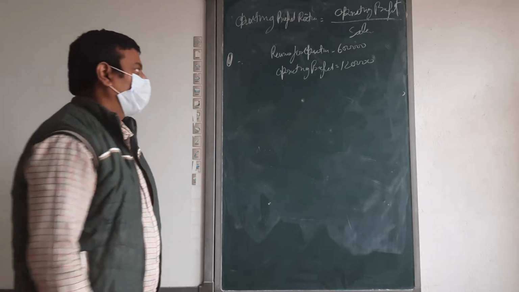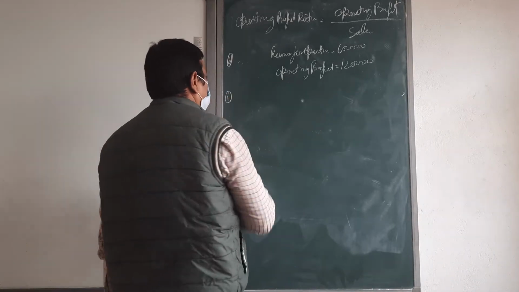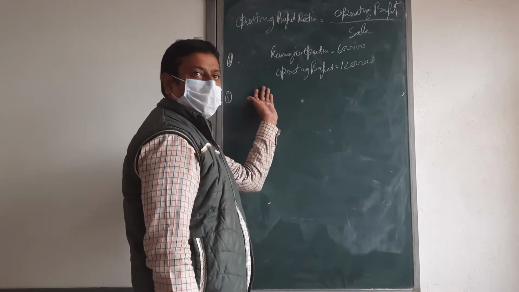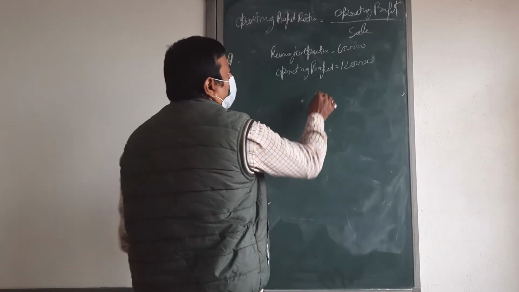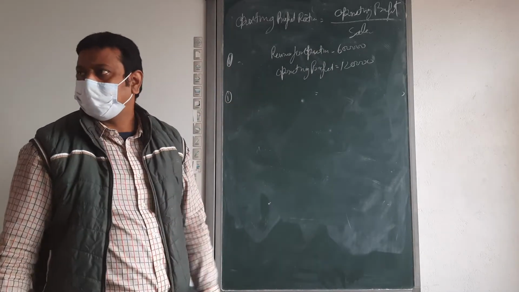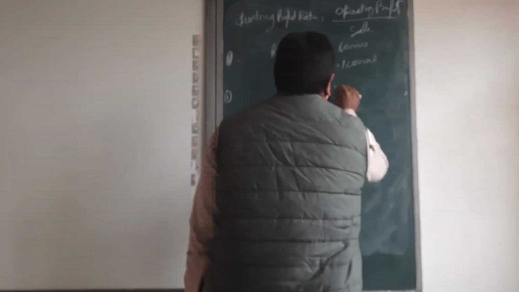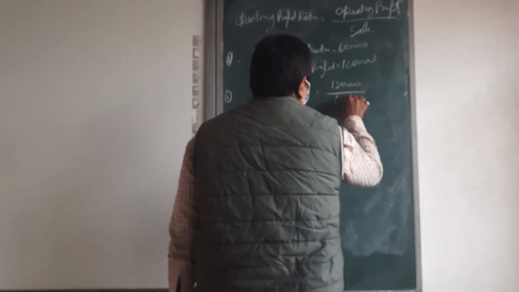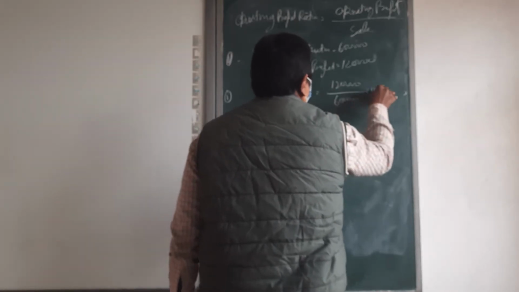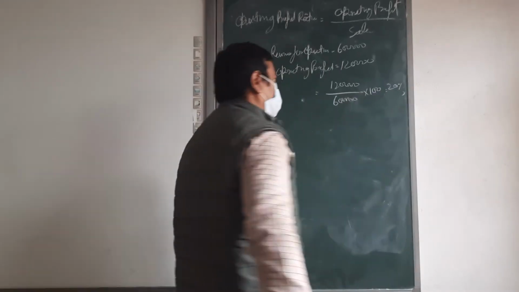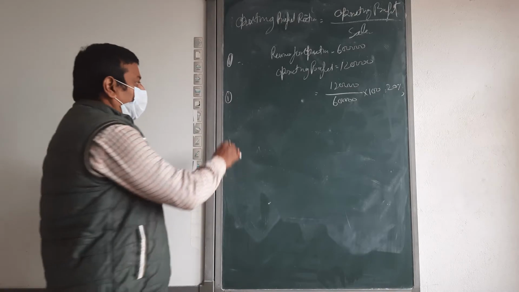First case, only put the values, nothing else. Both things are given directly. Then 1 lakh 20 upon 6 lakh, into 100. What amount is coming? 20%. Okay.